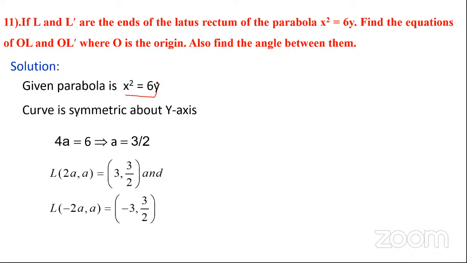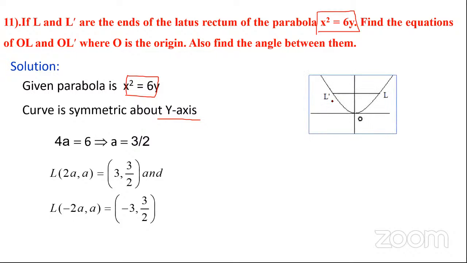The parabola x square equals 6y is symmetric to the y axis, because x square equal to 6y lies like this. We are asked to find these line equations and the angle between them. First, we get the value of a as 3 by 2: comparing with x square equal 4ay, you get 4a equal 6, then a equal to 3 by 2.